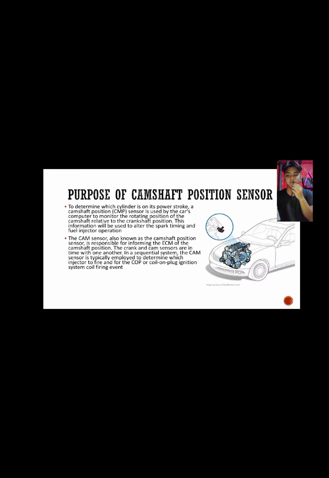The crank and cam sensors are in time with one another. In a sequential system, the cam sensor is typically employed to determine which injector to fire and for the COP or coil on plug ignition system coil firing event.